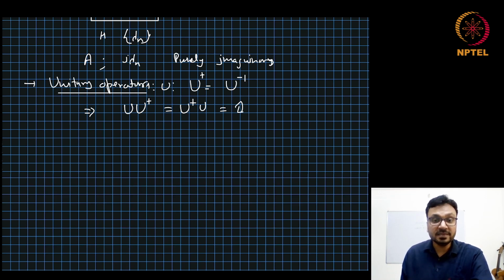Let me restate it: U times U dagger equals U dagger times U equals identity. If only one of the conditions is satisfied, not both, then it need not be a unitary operator. For a unitary operator, both conditions must be satisfied, that U U dagger and U dagger U should be identity.